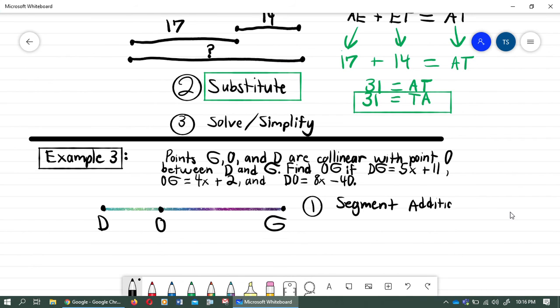Write out that segment addition postulate. Ooh, that's a sloppy postulate, but it's going to have to work for right now.